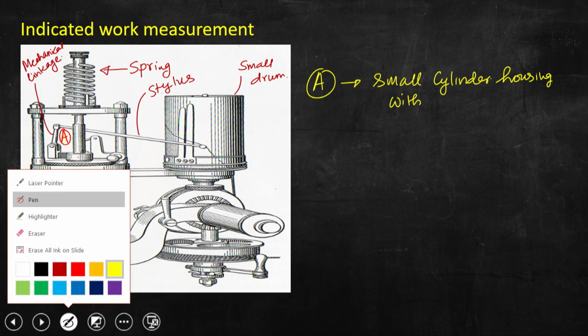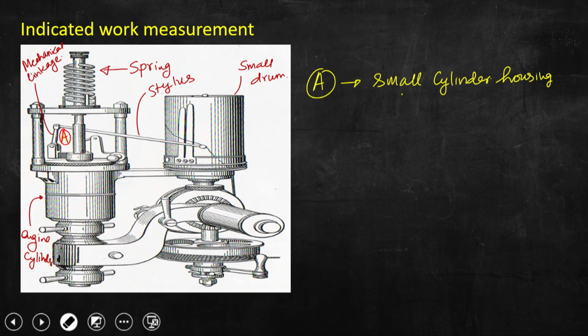The small piston inside the small cylinder will have some to and fro motion against the spring. That spring you can see.